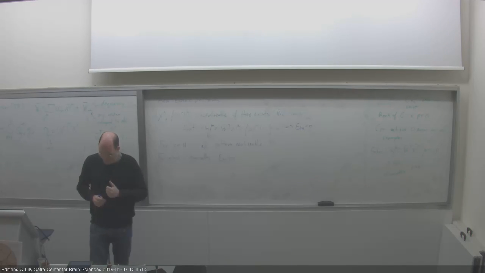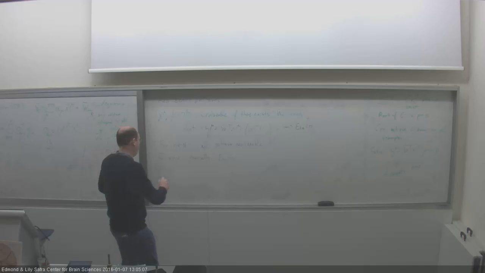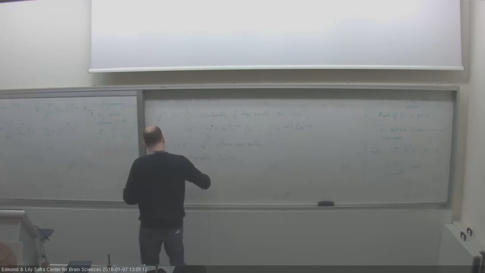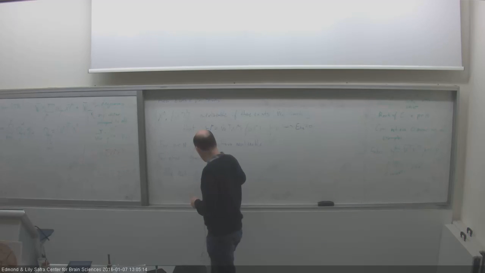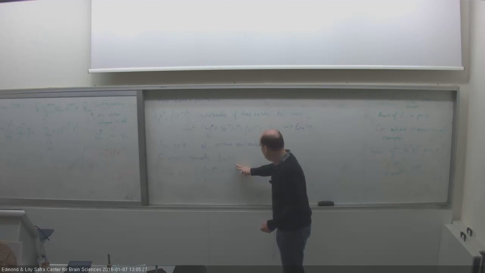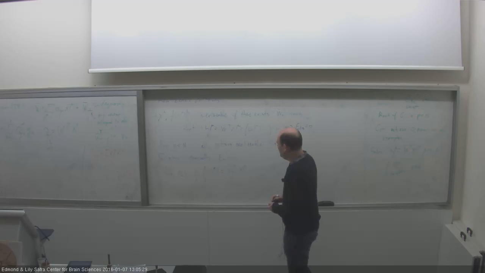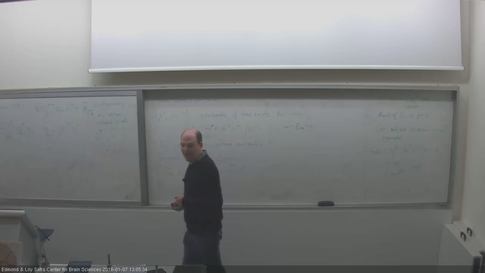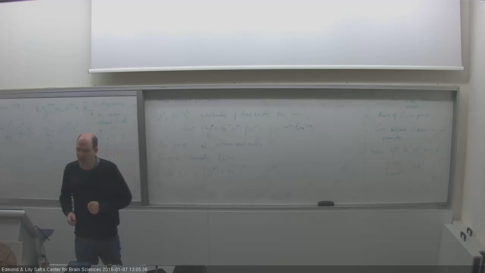So for example, note that if f of x mu, the function that we're trying to approximate, happens to be a linear function, some w0, then of course we can find a set of weights that will realize all the patterns.